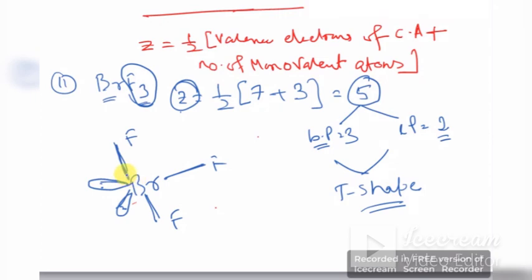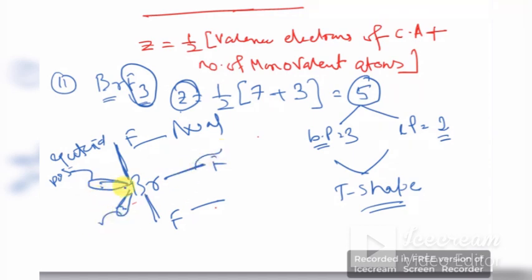Now a little concept related to this: why are the lone pairs particularly in the plane? This is called the equatorial position, and these 2 positions are called axial positions. So these 3 are equatorial. This is to minimize repulsion, for maximum stability of the compound.